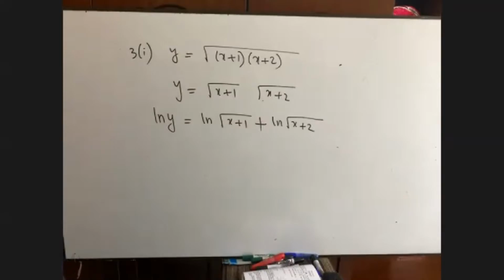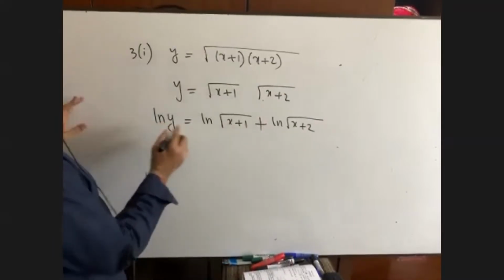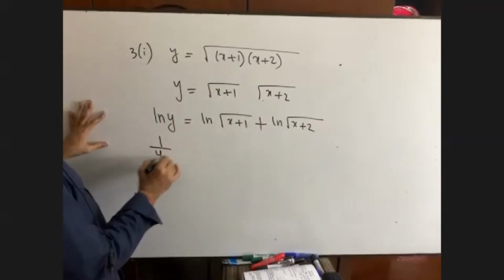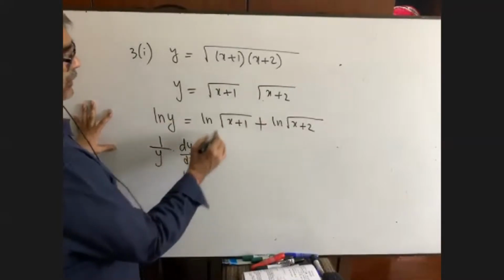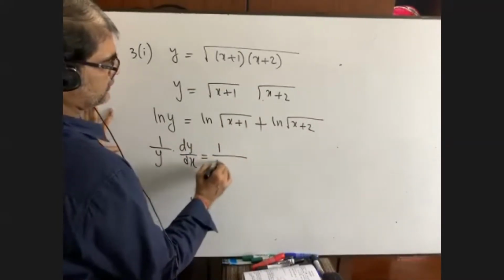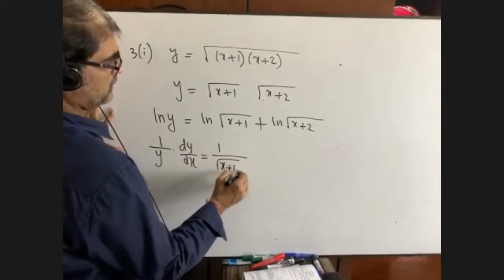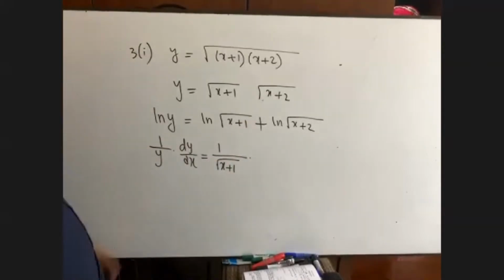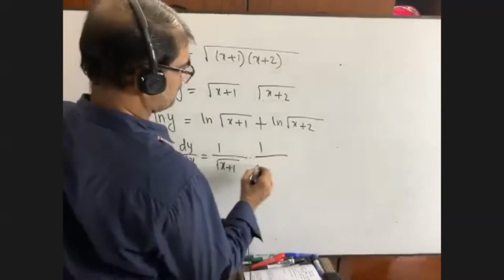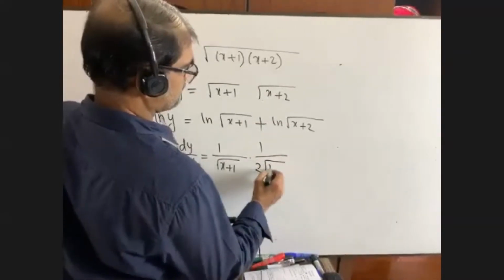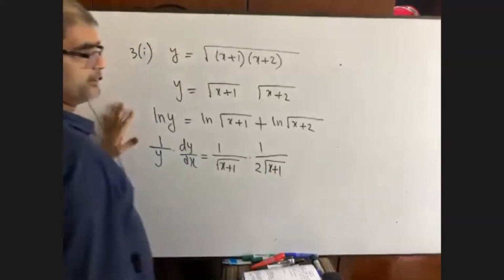Yes, sir. Now you can do, you see ln y, that is 1 by y, dy by dx, ln x, 1 by x. Now let me know, what is root over x? Can you remember please? I told you, root over x, 1 by 2 root x. I told you, right?